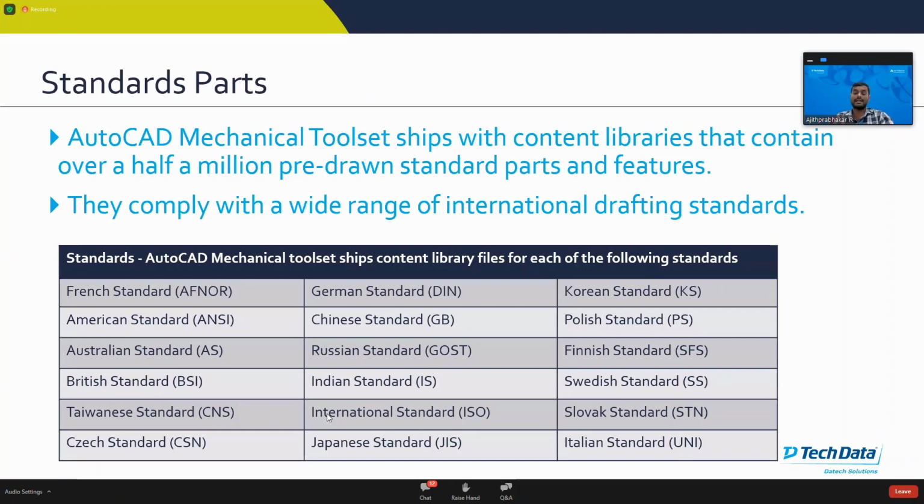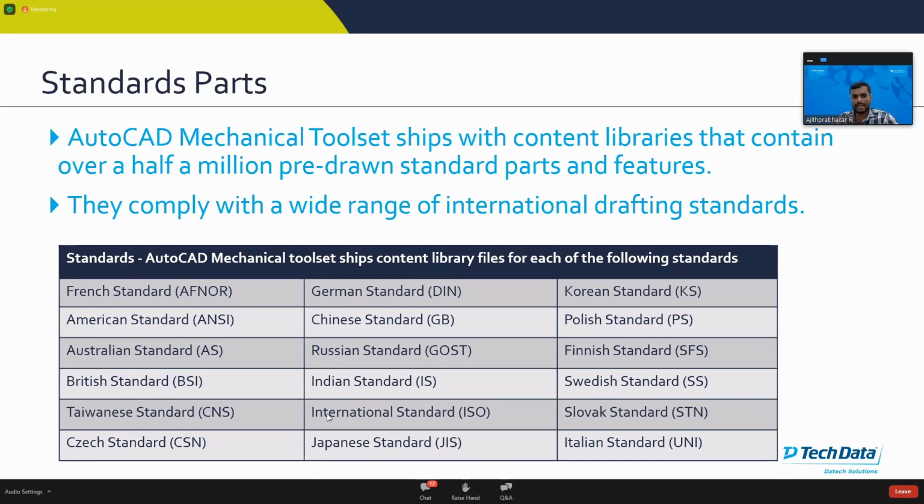What do you mean by standard libraries? When we follow manufacturing standards, we do follow some standard parts, right? For defining a particular standard or any particular dimension for a drawing, we follow some of the standards.